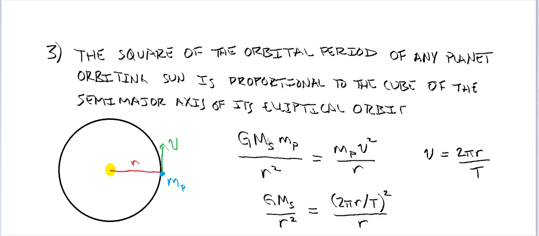So for the Earth, we are approximately 1 astronomical unit away. Just by definition, the average distance between us and the Sun over the course of the year is 1 AU, 1 astronomical unit. And it takes 1 year for Earth to orbit the Sun. And so if we square the orbital period, 1 year squared is 1 squared, right? It's proportional to the cube of the semi-major axis of the elliptical orbit.